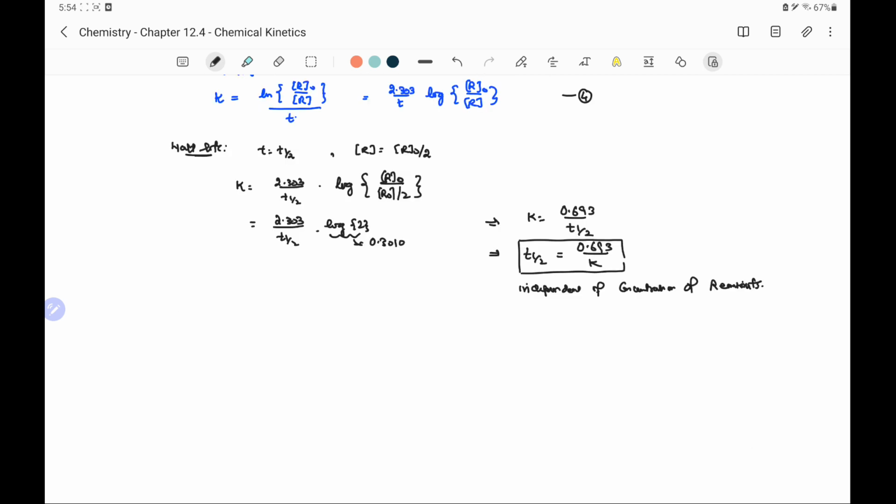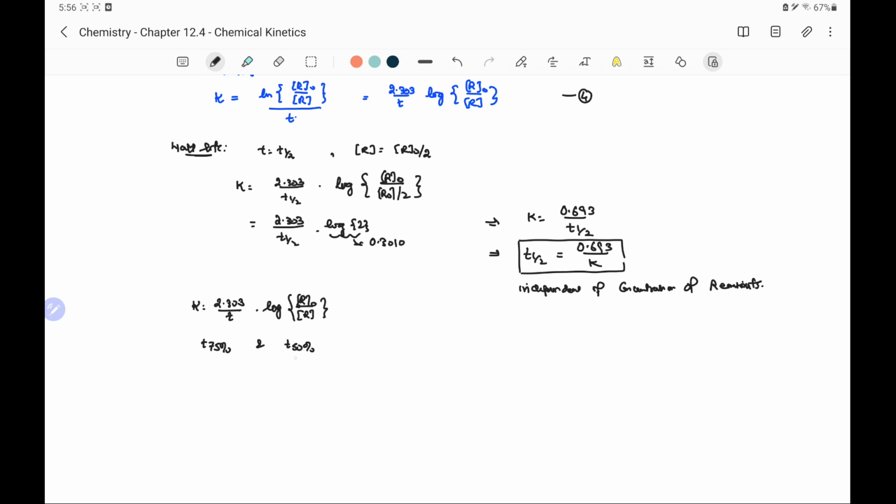Further, using equation number 4, that is k equal to 2.303 by t into log R0 by R, we can derive an important relation between t75% and t50%. t75% is the time duration in which 75% of the reactant disappears. Similarly, t50% refers to the time period in which 50% of the reactant disappears.